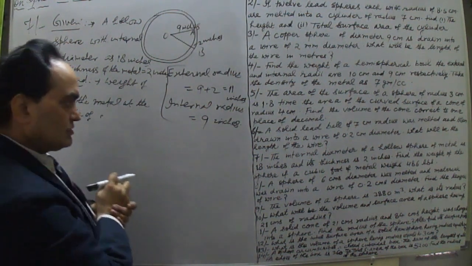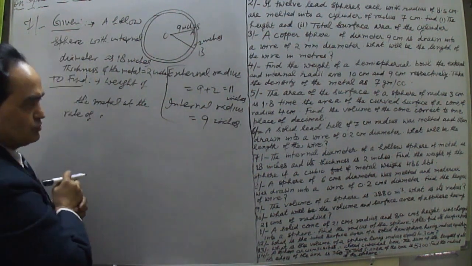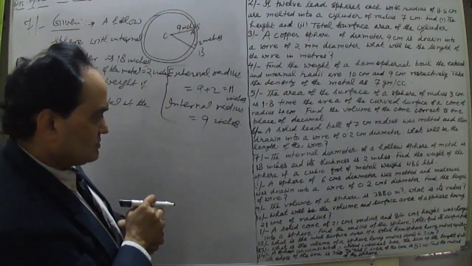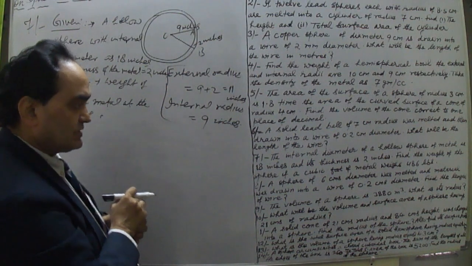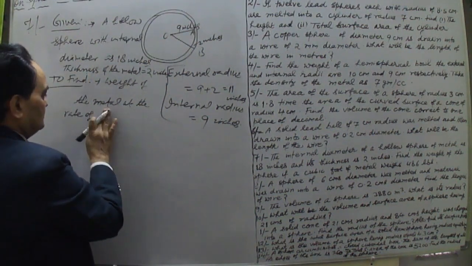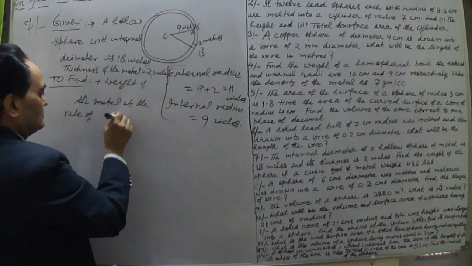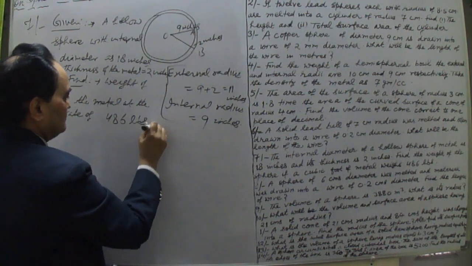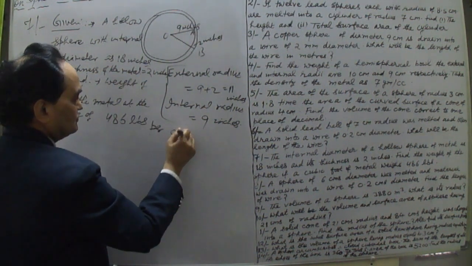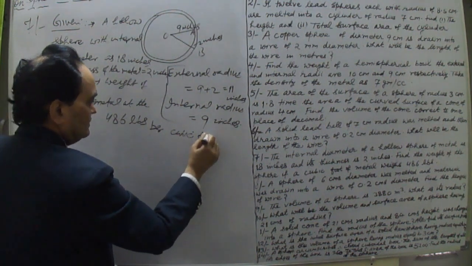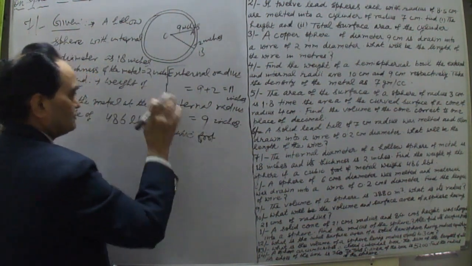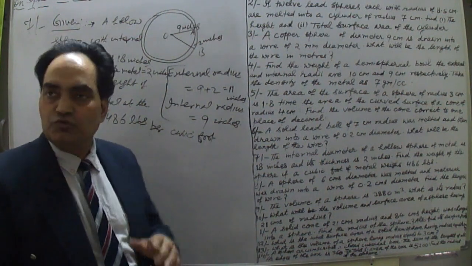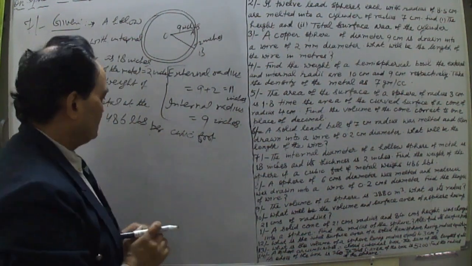If a cubic foot of metal weighs 486 lbs, so this is 486 pounds per cubic foot. This is very important, because similar units are not given, so we have to convert them into similar units. Then we can find it out.